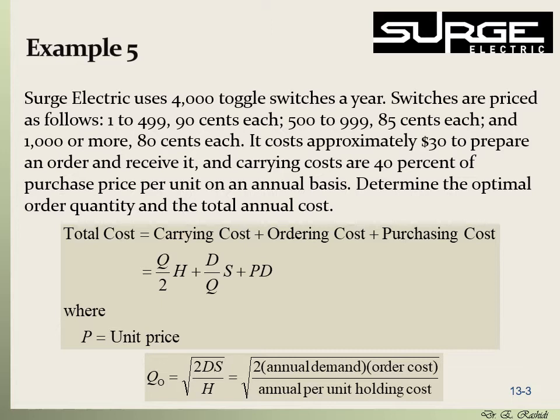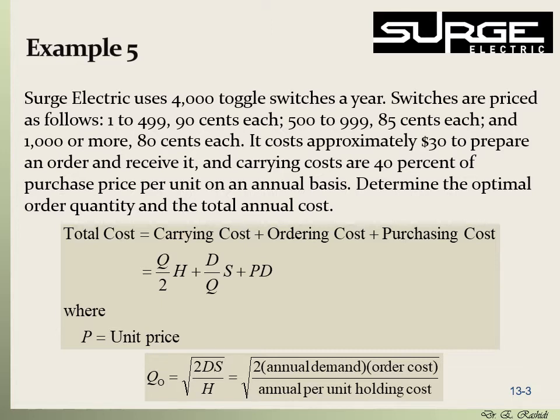And if they purchase 1,000 or more, the price would be 80 cents each. It costs approximately $30 to prepare an order and receive toggles, so that's the S here. The carrying costs are 40% of purchase price per unit on an annual basis. Determine the optimal order quantity and the total annual cost.